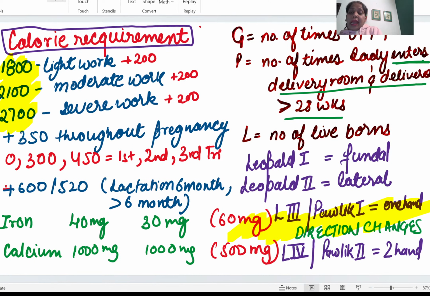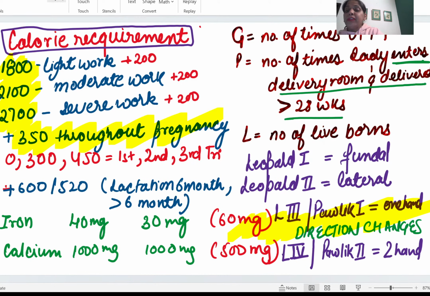For pregnancy you have to add 350 kilocalories for a single pregnancy. In Williams the data are a bit different. This was all about the Indian values, and usually you will be asked questions on Indian values, but sometimes they ask about Williams also.